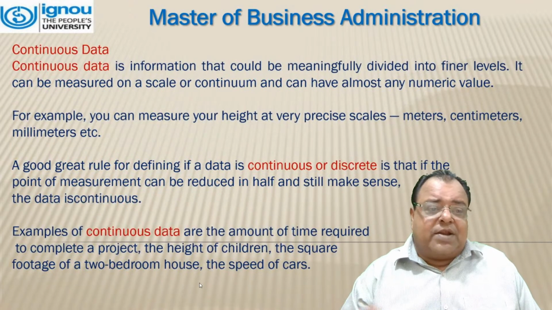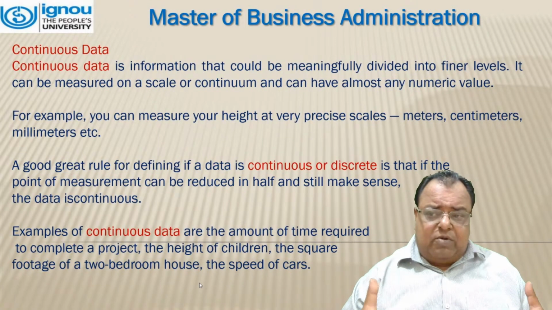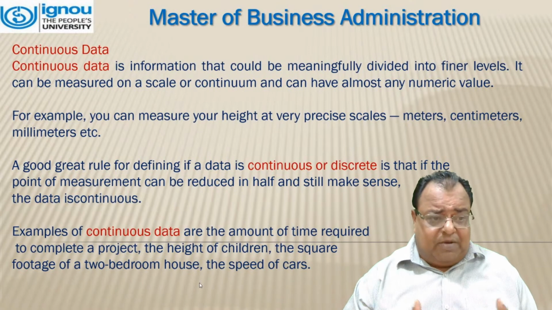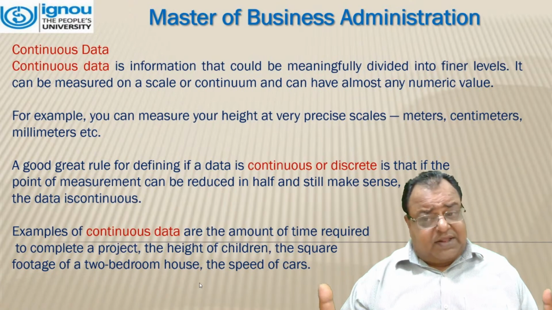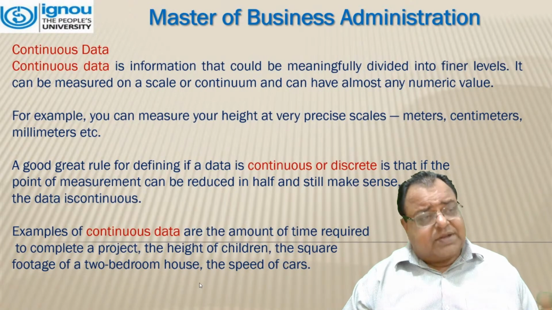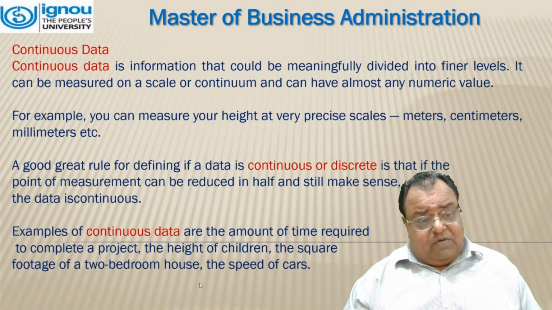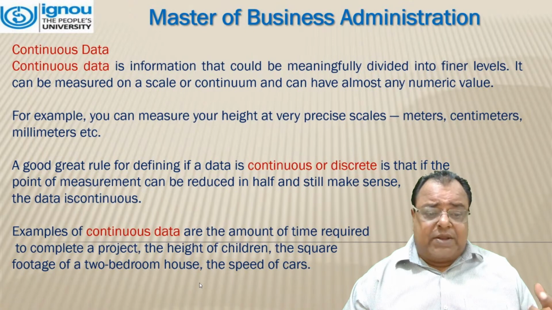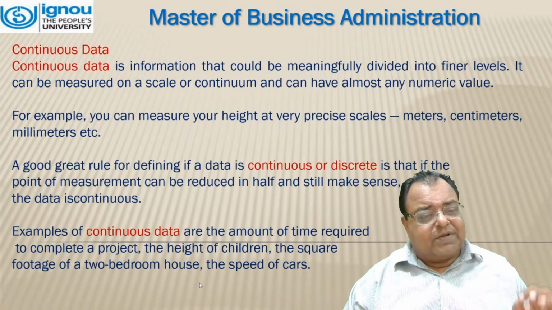Then comes continuous data. It is information that could be meaningfully divided into finer levels. It can be measured on a scale or continuum and can have almost any numerical value. For example, you may measure your height at various very precise scales, that is, meters, centimeters, millimeters, feet, etc. A good rule for defining whether data is continuous or discrete is that if the point of measurement can be reduced by half and still make sense, the data is continuous.